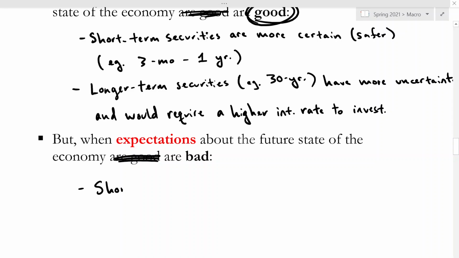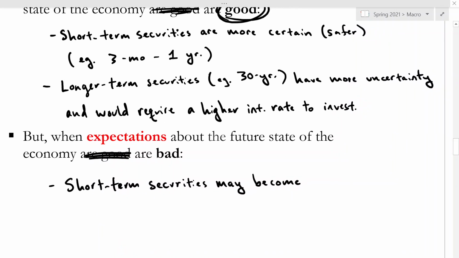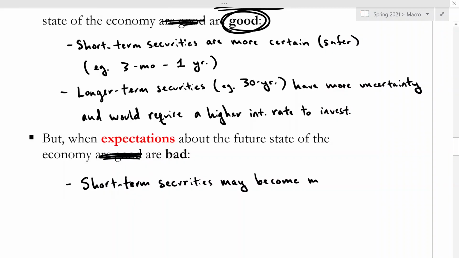Let's start with that. Short-term securities may become more uncertain and riskier, more risky than longer-term securities.